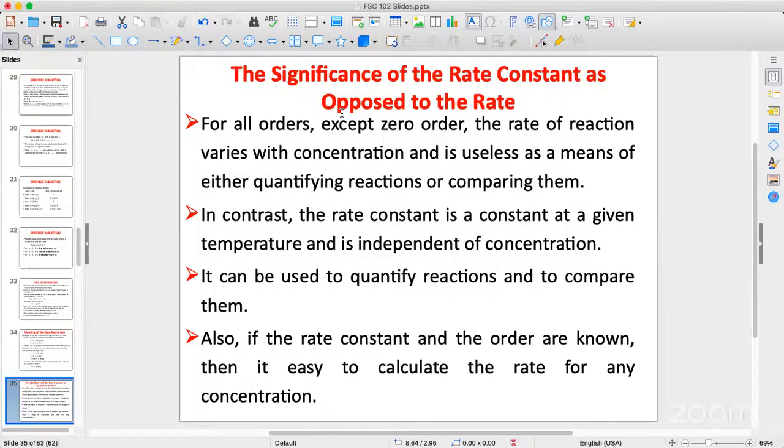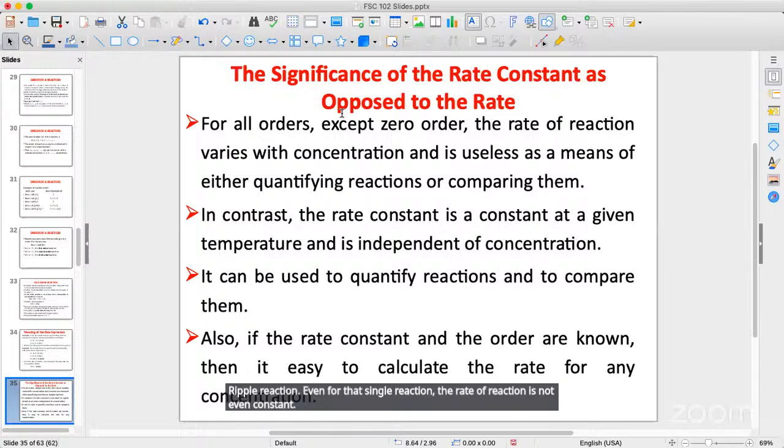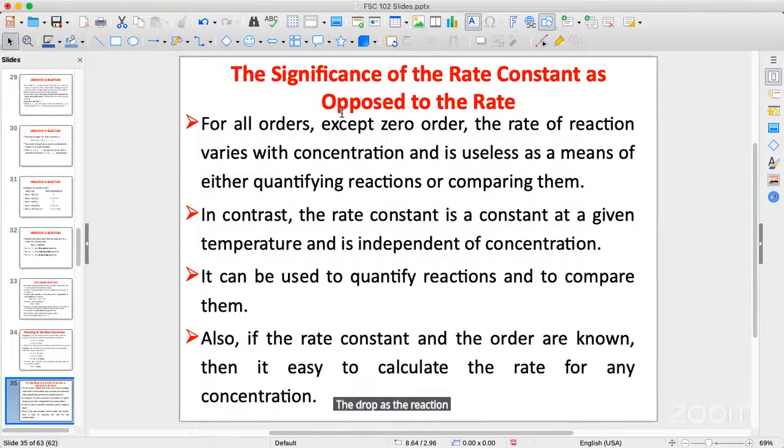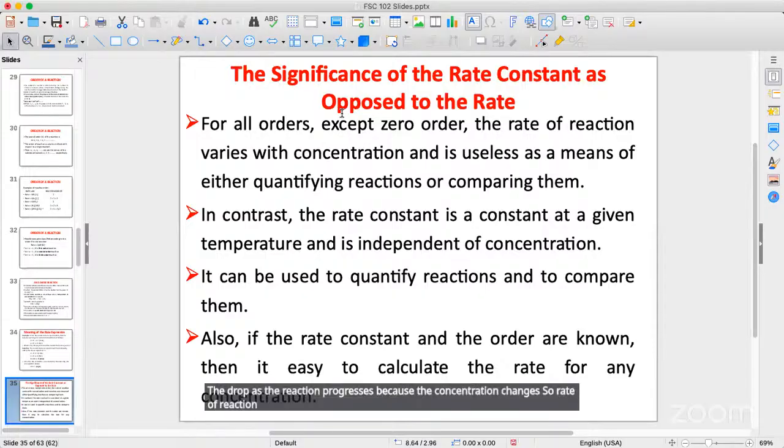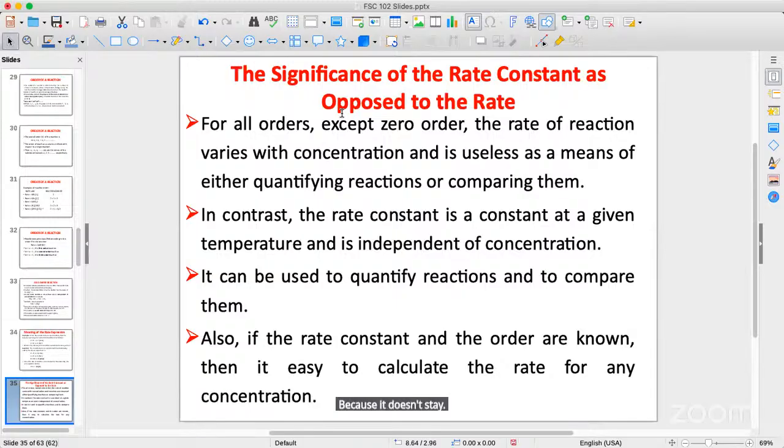Even for a single reaction, the rate of reaction is not constant. It drops as the reaction progresses because the concentration changes. So rate of reaction is useless as a means of comparing or quantifying reactions because it doesn't stay constant.